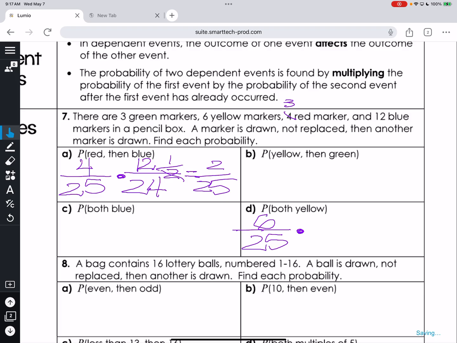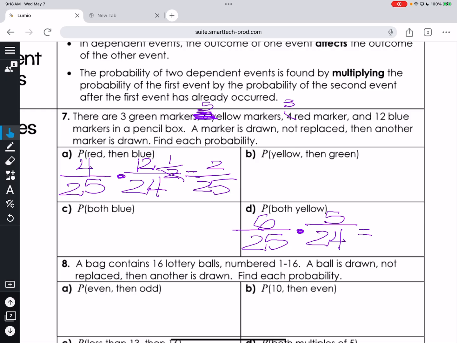We took it, we didn't put it back in the bag. And then there's 5. But we took out a yellow the first time out. So there's only 5 in there that are possible yellow. So it matters what you draw first as far as color goes. So what's our final answer? 1/20.